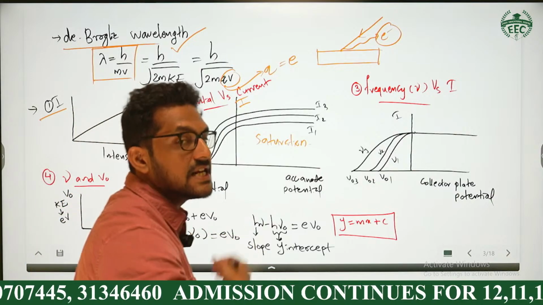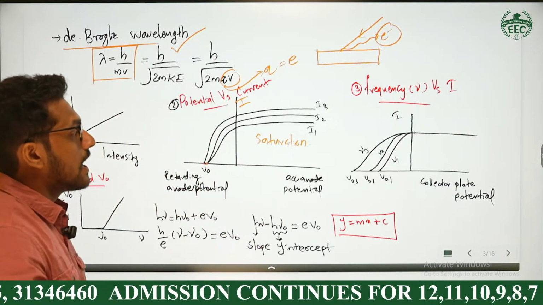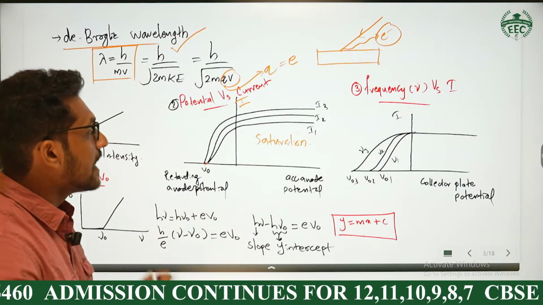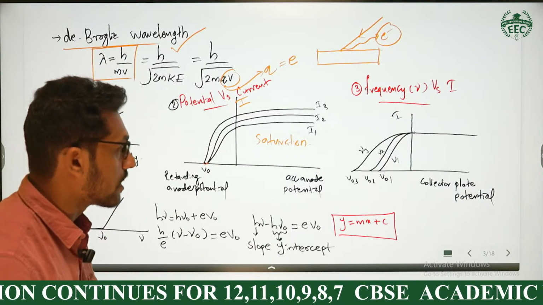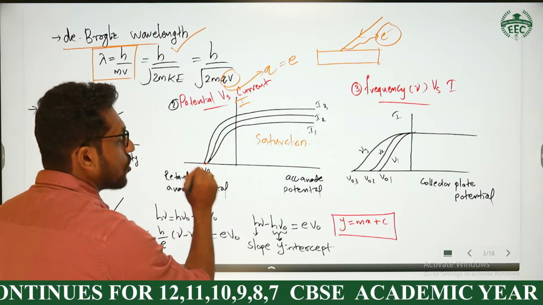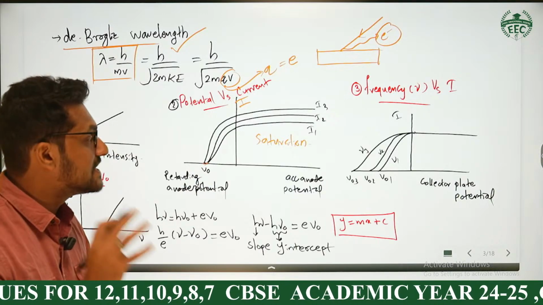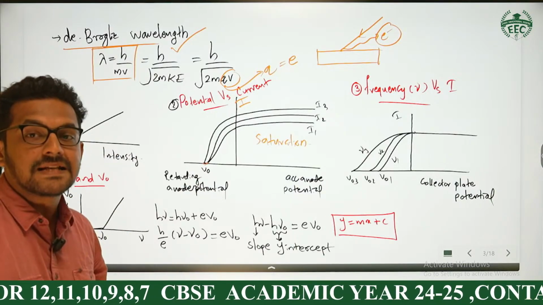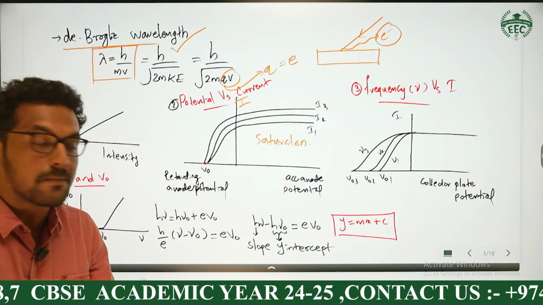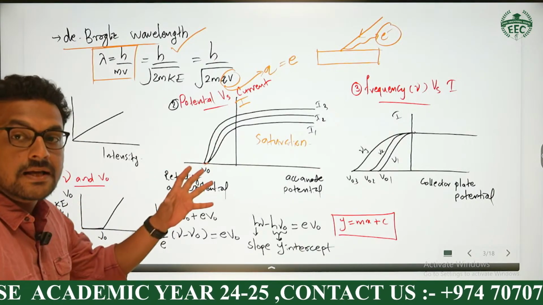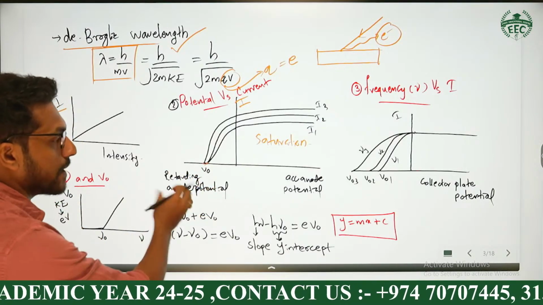If the intensity is increased further, you get an even larger saturation current. But you have to remember, the stopping potential will not change if you change the intensity. Intensity does not depend on the stopping potential.